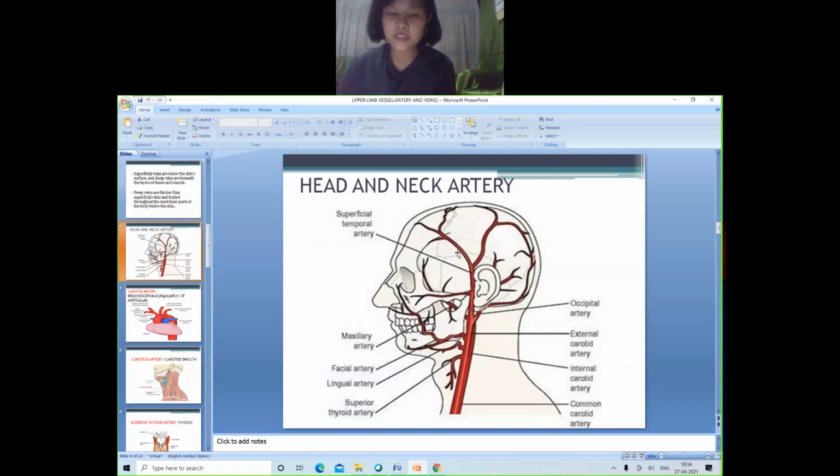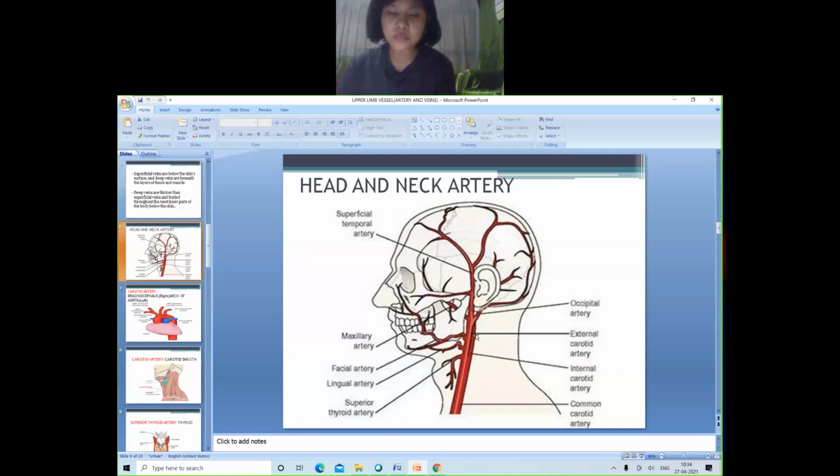From the face, and your scalp. From the face and the scalp, the venous blood, that is the deoxygenated blood, will come with the help of the superficial veins.